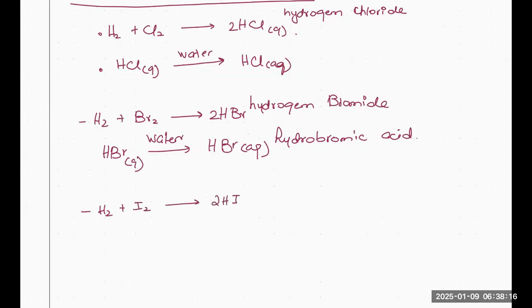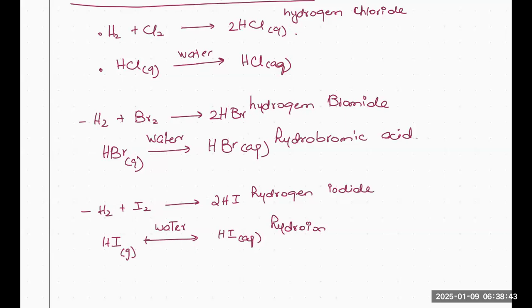And this hydrogen iodide can also dissolve in water to give you hydroiodic acid. Right? So these are the reactions that we see with our halogens that are really important, and I really wanted to go over them with you.